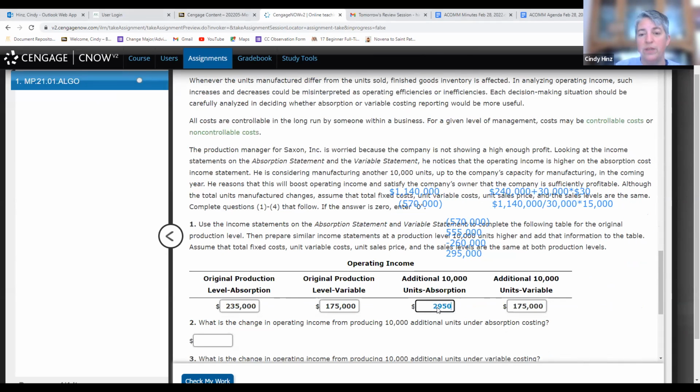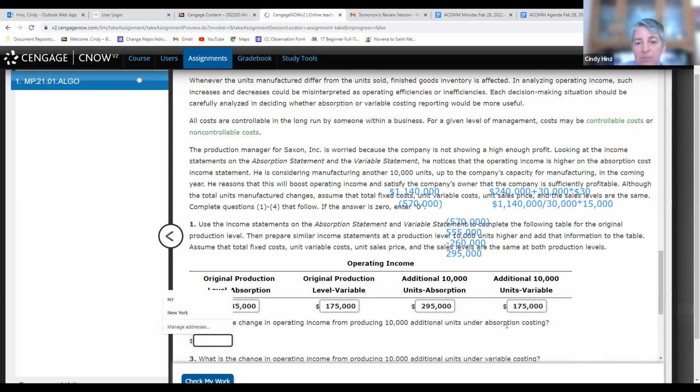So if we produce the additional 10,000 units under absorption costing, it will allow us to shift 60,000 more of the fixed costs to the balance sheet as inventory, and increase our operating income by $60,000.